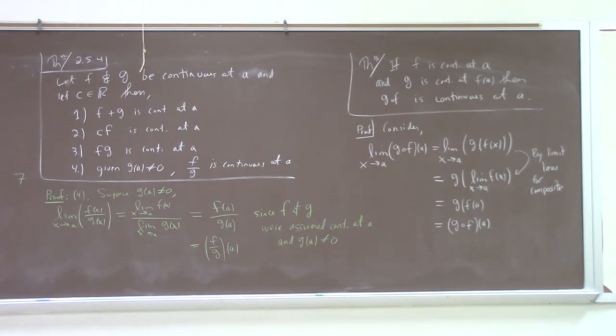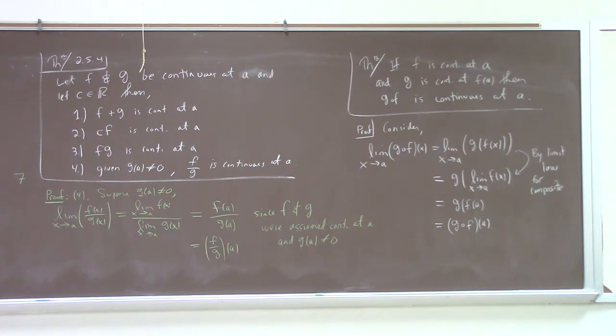The outside function is square root. The inside function is subtract 3 from x and square it, right? It's the composite of those two functions. And so I can use the composite limit rule and say, well, that's the square root of the limit as x goes to a of x minus 3 squared, right?